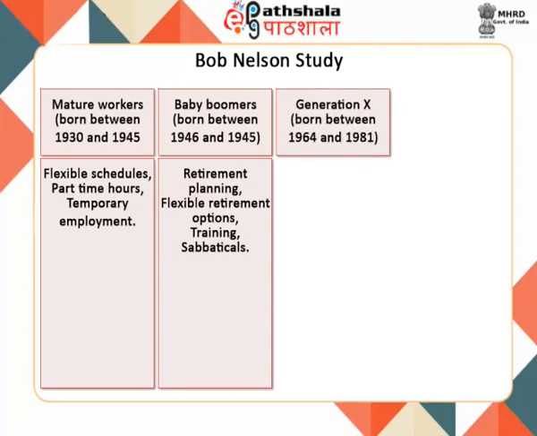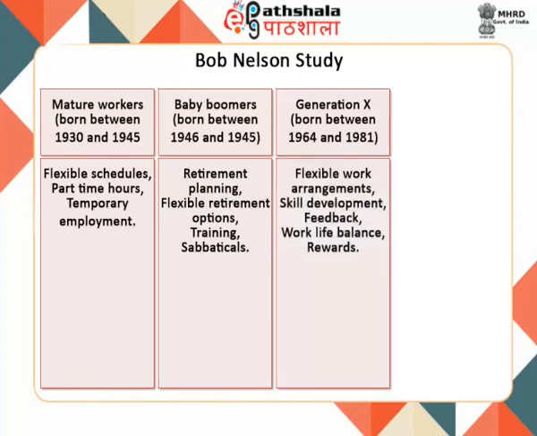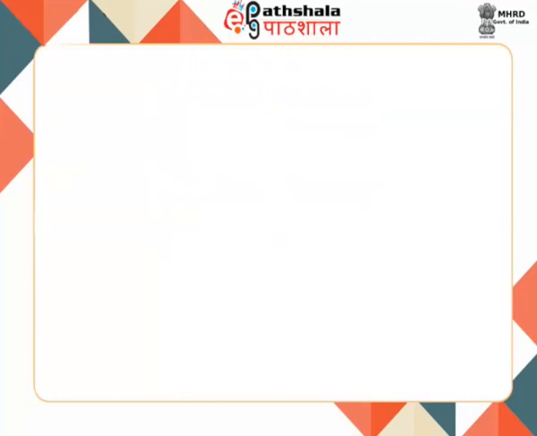Generation X, born between 1964 and 1981, are motivated most by flexible work arrangements, skill development, feedback, work-life balance, and rewards. Generation Y, born after 1982, expect flexible work arrangements, employer support and involvement, skill development, feedback, work-life balance, and rewards from the employer.